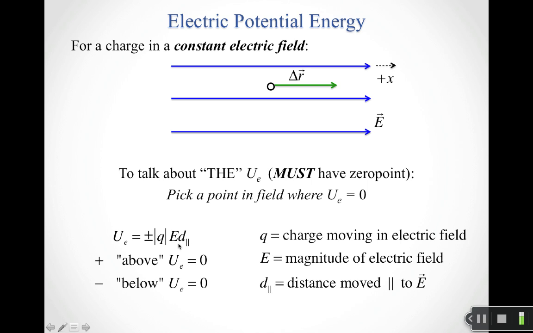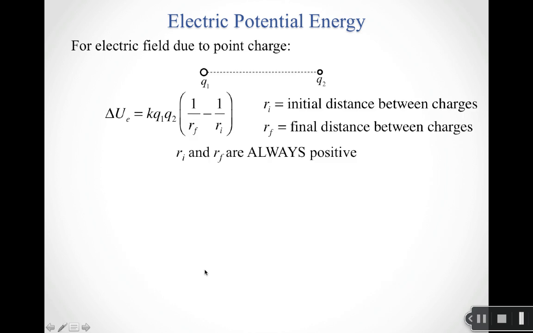And so usually that's what we're going to do, and so the potential energy just becomes, again, plus or minus QED, where D is the distance you are away from the 0 point parallel to the electric field. And are you above on the positive side of it or below on the negative side of it, depending on whether your object wants to move in one direction or another. So this is all stuff that we'll play with in class in terms of thinking about what this means.